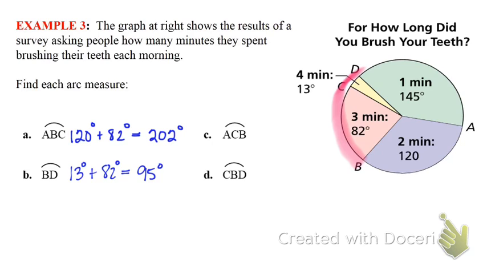Then we can take a look at what's next? Major arc ACB. And this one's actually easier to notice that it's everything but 120 degrees. So it might be easier to calculate it this way. 360 minus 120. So 240.